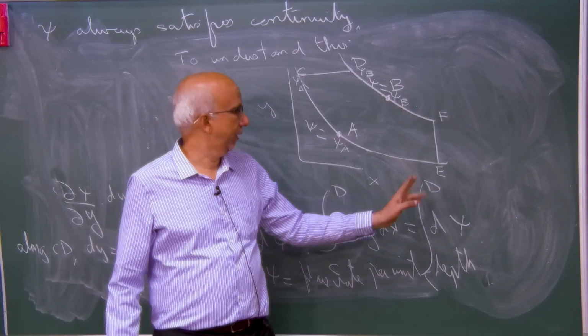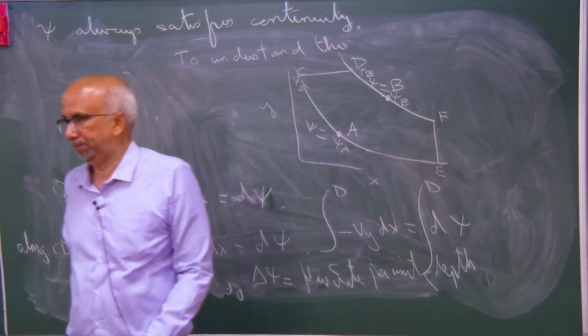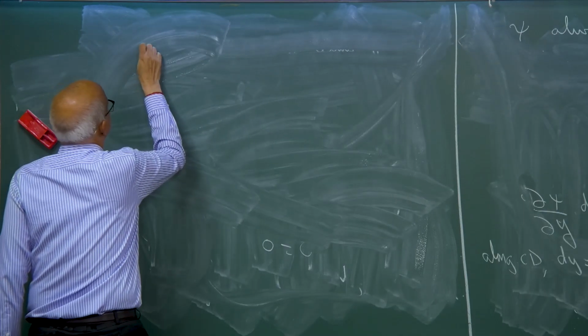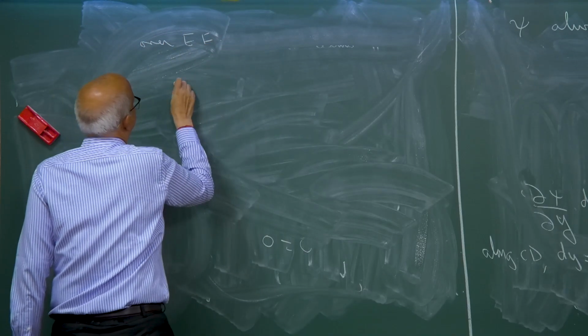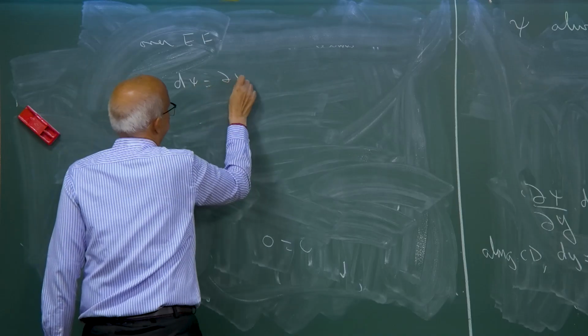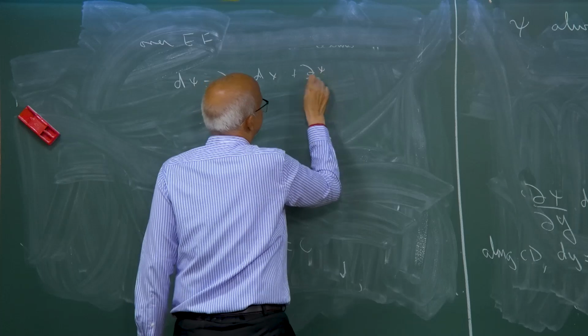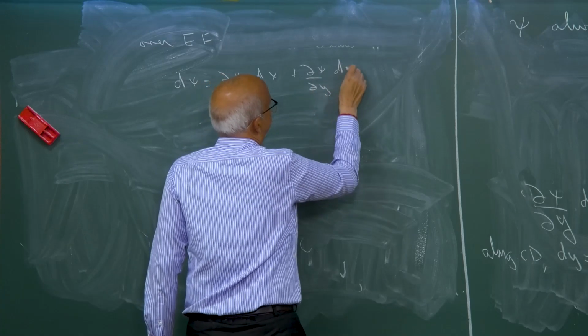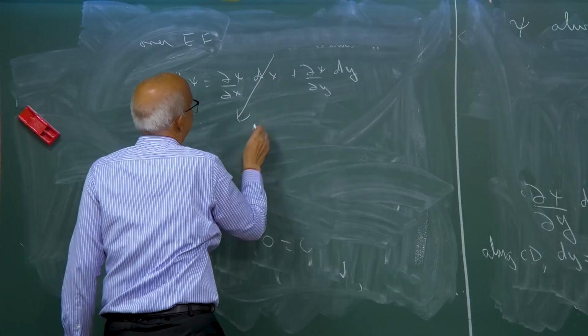Over EF, x is constant, y is changing. Okay. So, over EF, I have dψ, again I am writing the same thing, dy over EF, x is constant. So, this does not contribute. Okay.